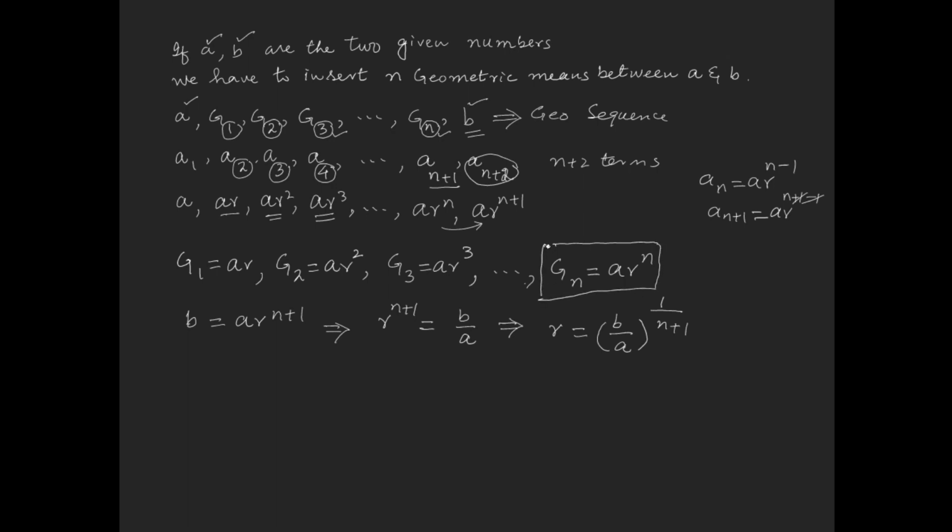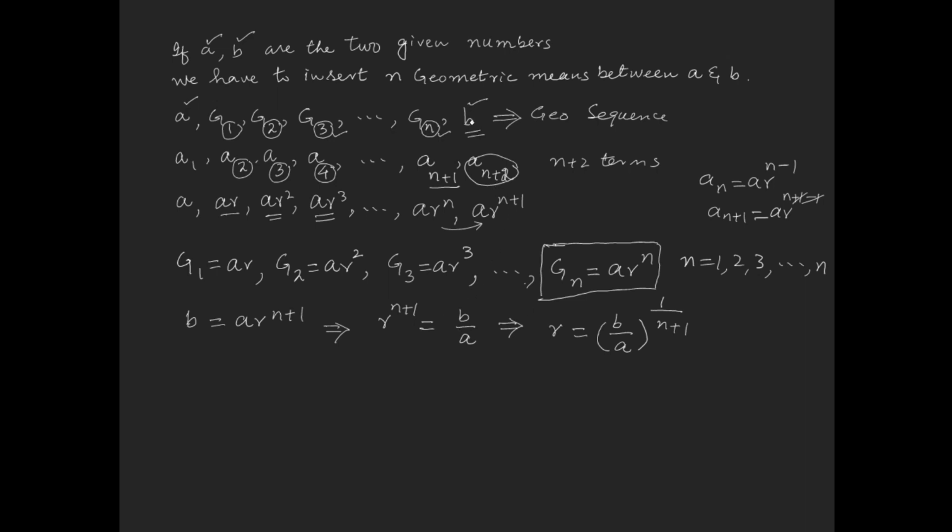We can find any geometric mean by this formula, by putting n equal to 1, 2, 3 and so on up to n. If we put n equal to 1, we get G1, and if we put n equal to 2, we get G2, and if we put n equal to 3, we get G3 equal to AR cube, and so on.